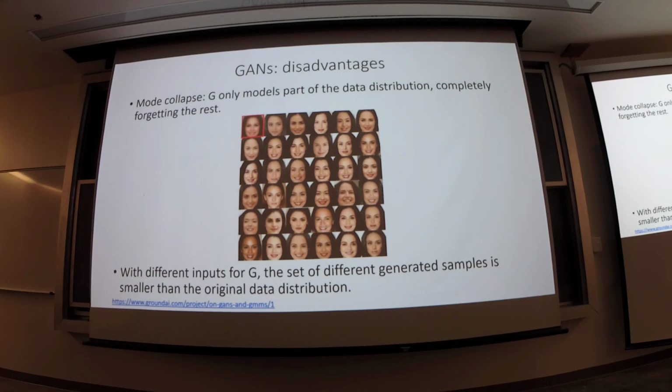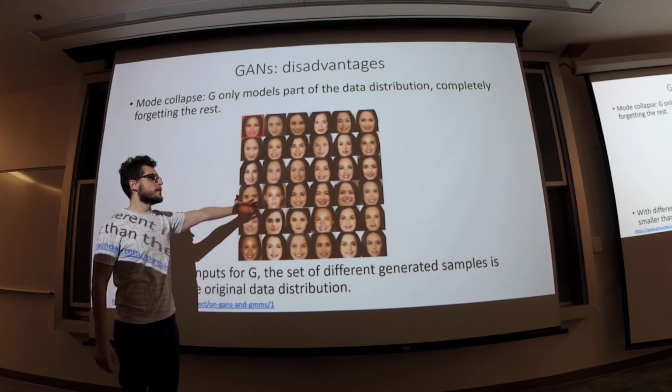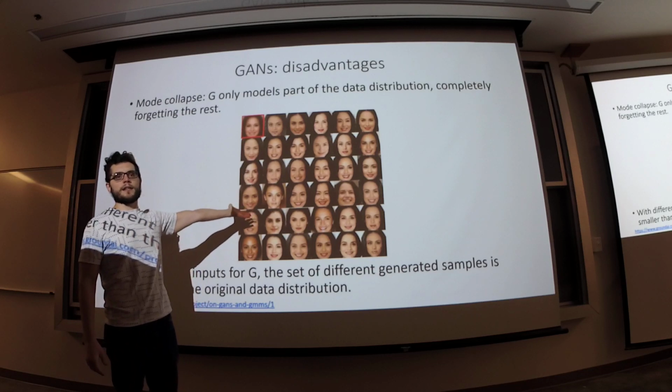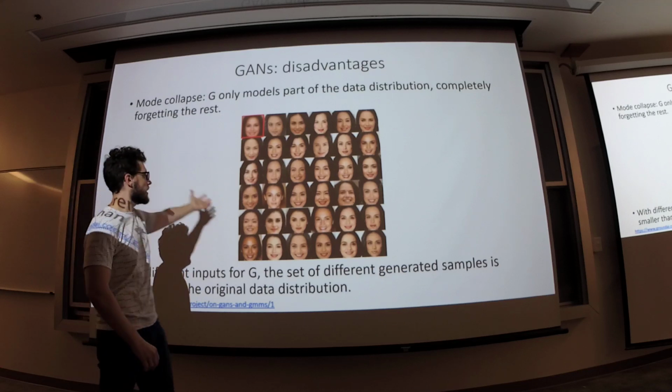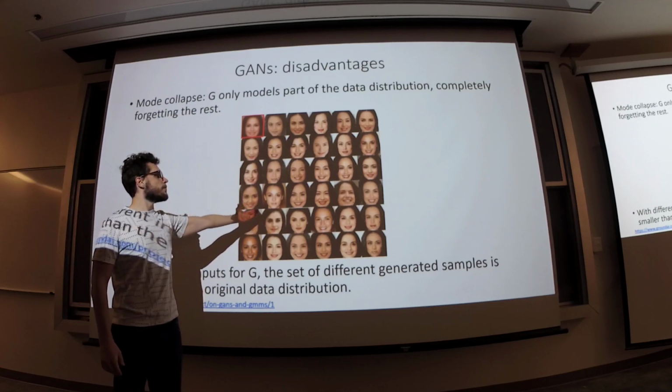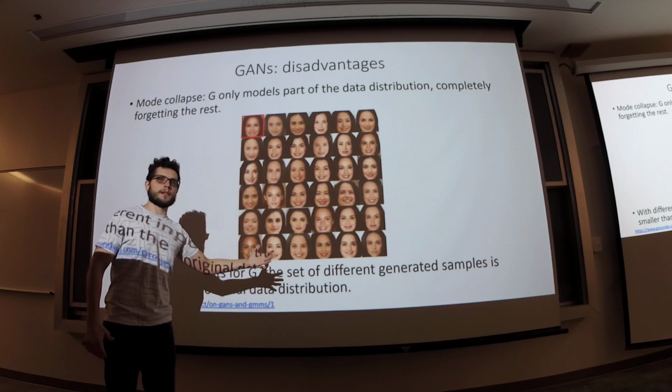Yes, but the real data, you always use all the real data you have. For example, in this case, I am sure that this guy used the whole data set that he had, which is probably CelebA, I would say. So the discriminator actually saw the whole real data.